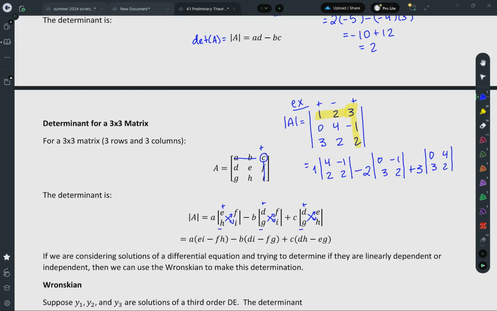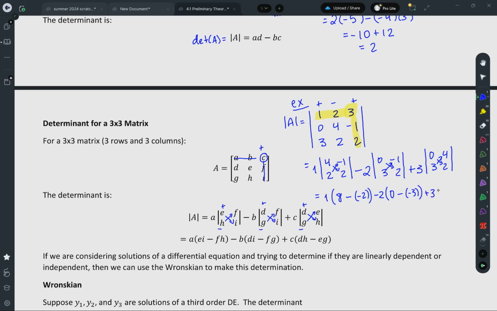Now I'm going to go ahead and do those diagonal products, calculating my 2 by 2 determinants very carefully. This will be 1 times 4 times 2 is 8, minus 2 times negative 1 is negative 2. Minus 2 times 0 times 2 is 0, minus 3 times negative 1 is negative 3.